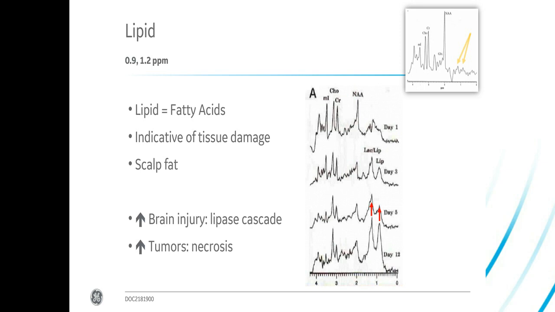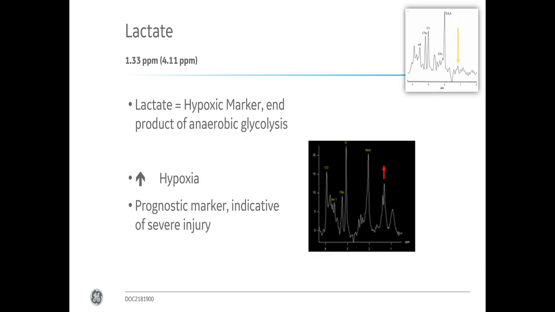Next to the left, or nearly at the same place as lipids, and therefore also overlapping with the lipid signal, is lactate. Again, in the healthy control spectrum we usually don't have lactate, but here at 1.3 ppm we would have a lactate signal. Lactate is a hypoxic marker. It's an end product of anaerobic glycolysis.